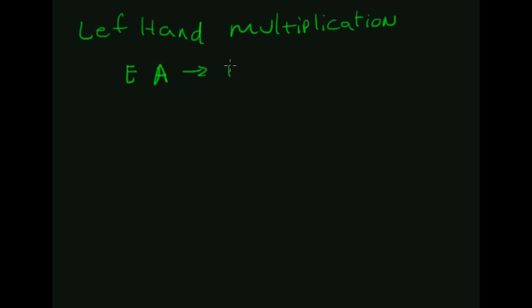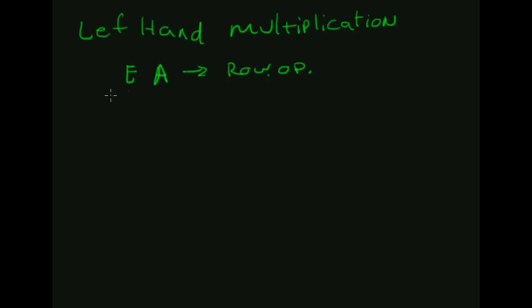Okay, so this gives me this idea of left hand multiplication. If I take an elementary matrix times some matrix, it will perform the row operation that's within that elementary matrix.